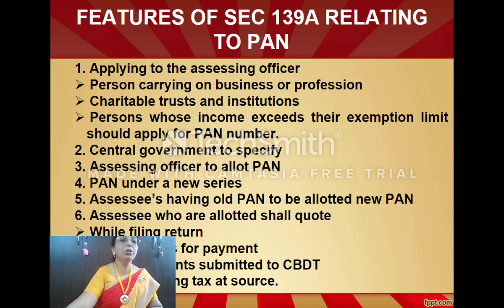PAN has a new series, so if they are under the old series, they'll be allotted a new PAN. Assessees who are allotted a PAN number shall quote it while filing the return, in all challans for payment, in all documents submitted to Central Board of Direct Taxes, and while deducting tax at source.